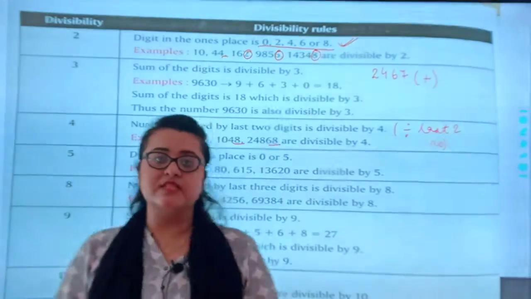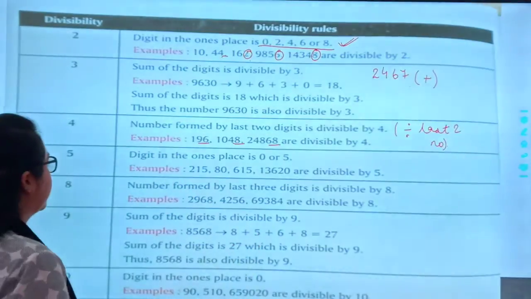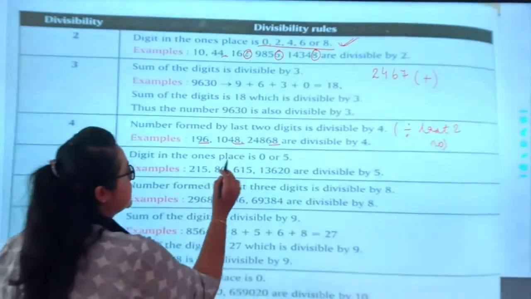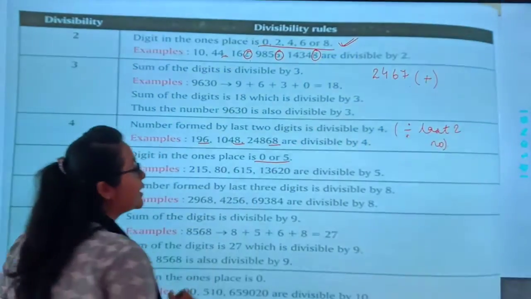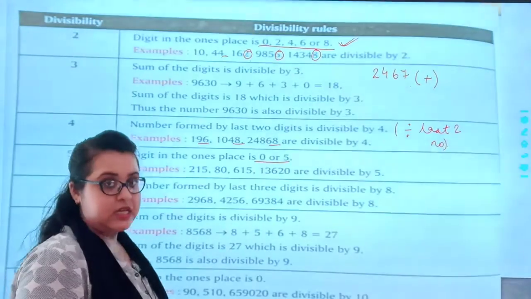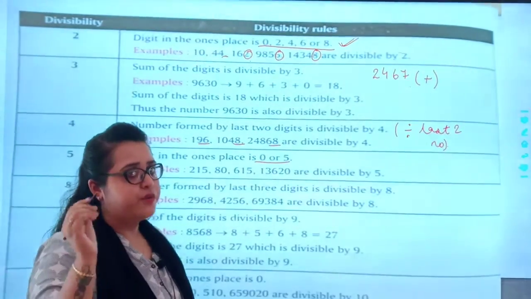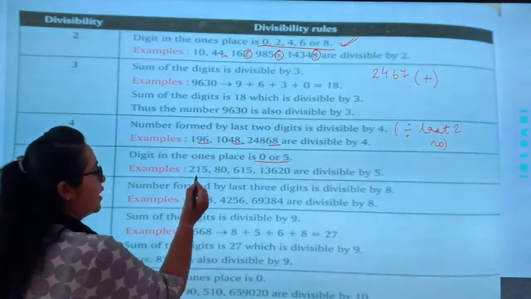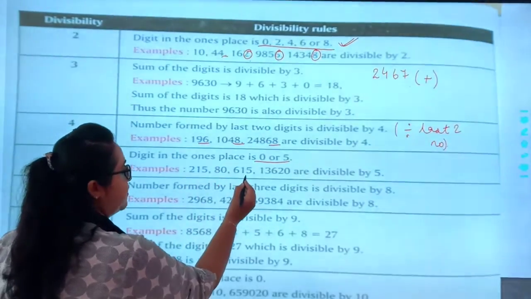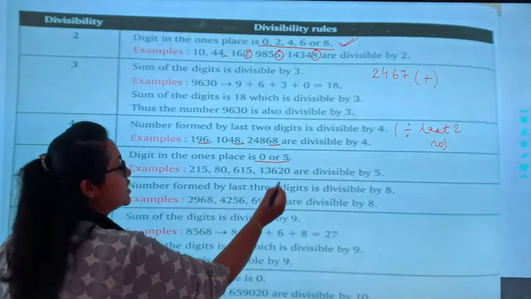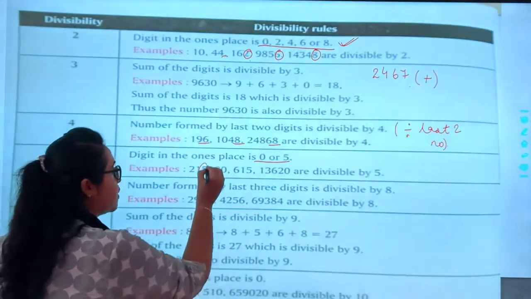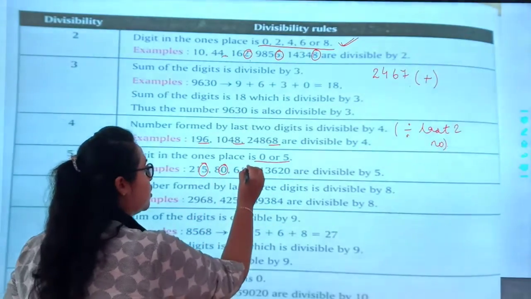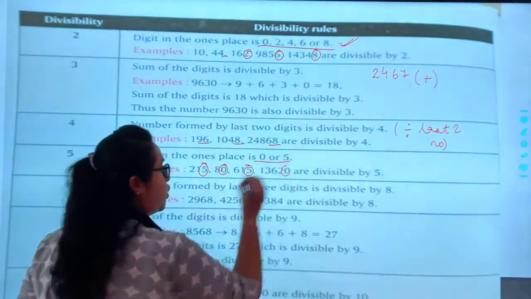Now it comes to the divisibility of 5. The digit in the ones place is 0 or 5. When it comes to the last digit, it is 0 or 5. For example, you have a question: 2158061513620. In each you can observe that there are 5, 0, 5, 0.